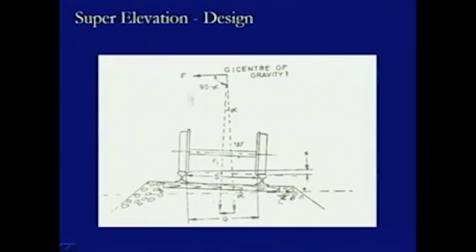Therefore, when we take the resultant of this centrifugal force F and the weight W acting in the downward direction, this resultant will act at an angle alpha with respect to W. If it works in this form, then it remains within the wheel base, and this is the equilibrium condition being achieved. In this condition, the load transferred through this wheel and the load transferred to this wheel are the same in nature.